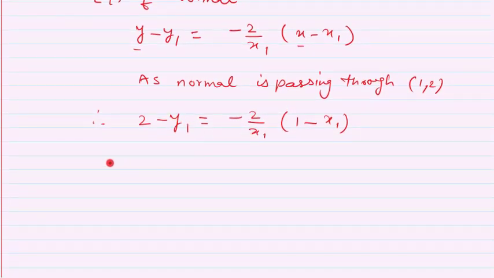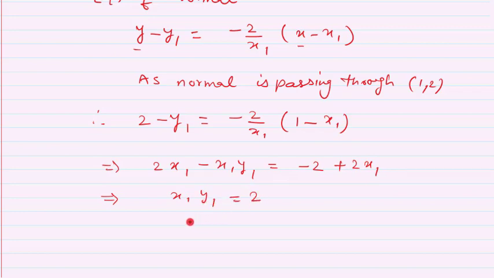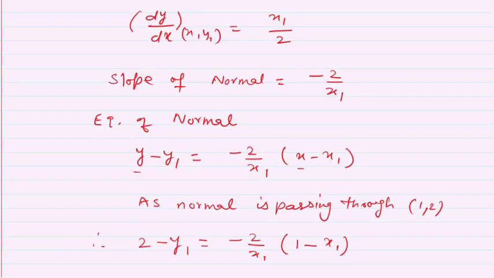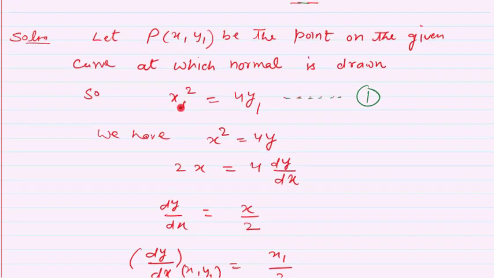So from here we have 2x1 minus x1 y1 is equal to minus 2 plus 2x1, which further provided us x1 y1 is equal to 2. Now using result 1, x1 square is equal to 4y1.